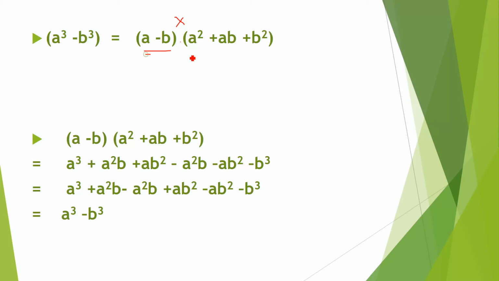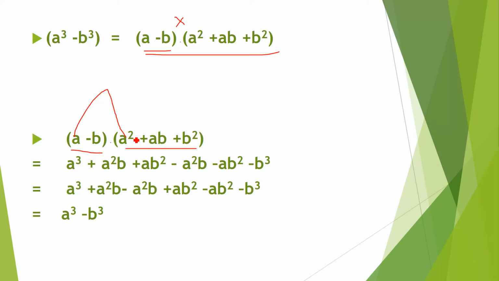You have to multiply these two parentheses, right? And I told you, when we do multiplication, you have to add the power or exponent. So first you have to multiply this parenthesis by a, and then we will multiply this parenthesis by minus b. First start with a multiplied by a square, no sign, so it means multiplication.